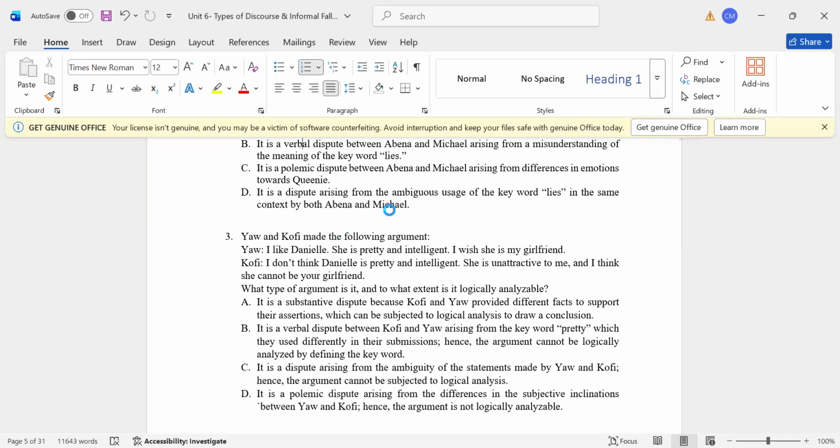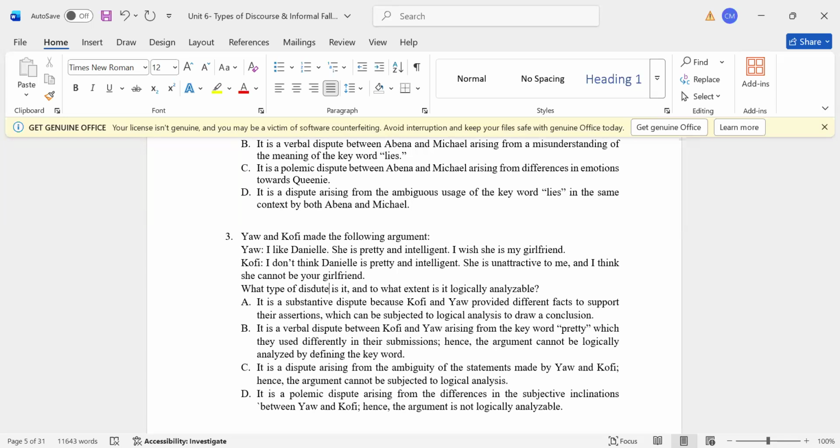So what type of dispute is it? And to what extent is it logically analyzable? A, it's a substantive dispute because Kofi and Yao provided different facts to support their assertions, which can be subjected to logical analysis to draw a conclusion. B, it is a verbal dispute between Kofi and Yao arising from the key word pretty, which they use differently in their submissions.